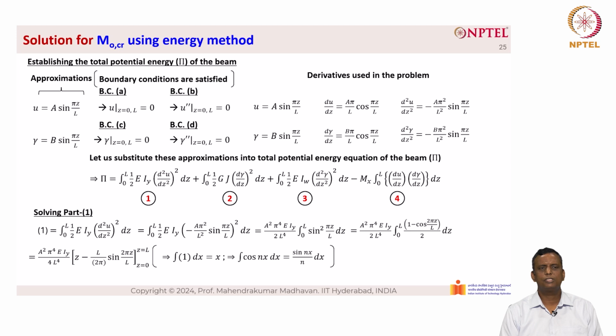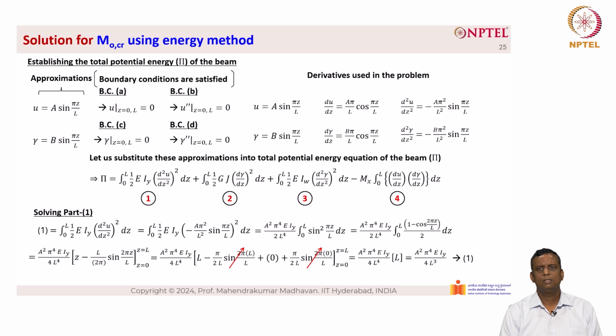We can solve this using the UV rule, and finally we get A² π⁴ EIy L divided by 4L⁴, so we have A² π⁴ EIy divided by 4L³. This is the solution for the first part, number 1.